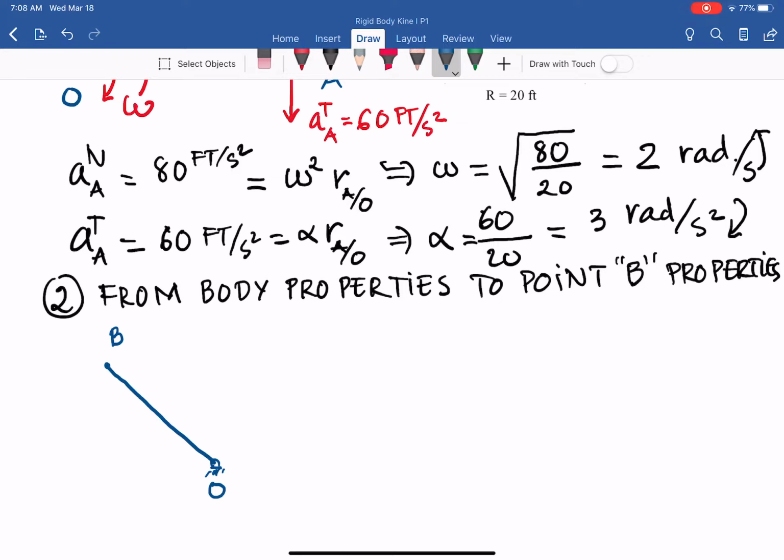Omega, 2 radians per second here, counterclockwise.